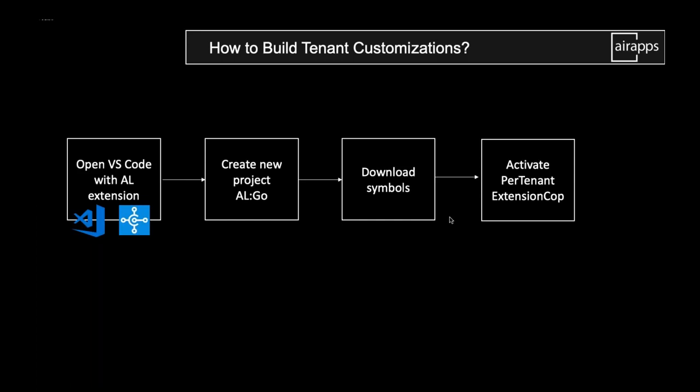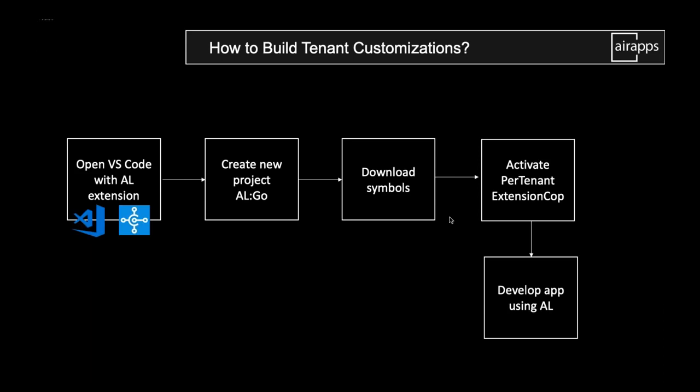So if you are not familiar with that, it's a built-in AL tool that will check if your code will be compatible with a production tenant, and if you have everything in place to be able to upload your tenant customization or your extension to a production tenant of Business Central.